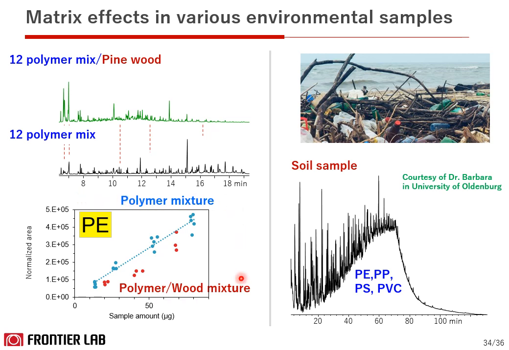This is a plot of the relationship between peak area of the characteristic ion of polyethylene versus quantification value calculated from the pyrograms of these 2 samples. As observed, the calibration curve did not overlap between the polymer mixture sample only and the polymer mixture sample and pine wood. It is presumed that a secondary reaction occurred among pyrolyzed components or compounds of polymers and pine wood.